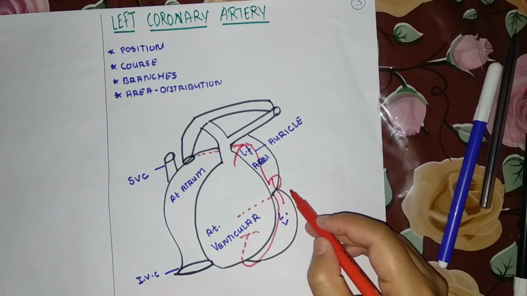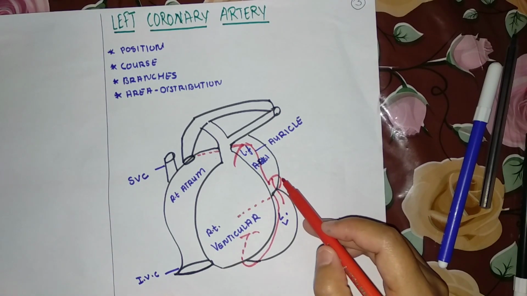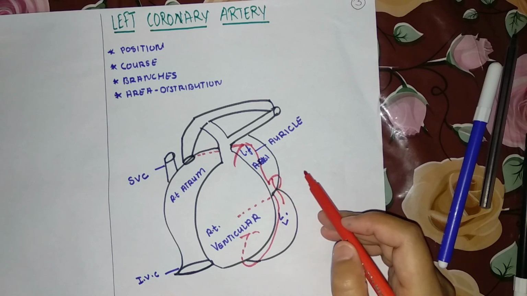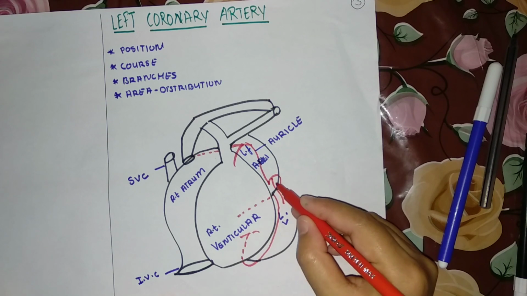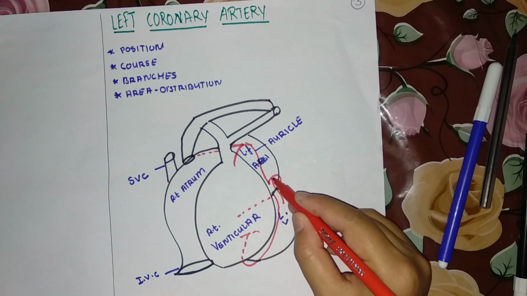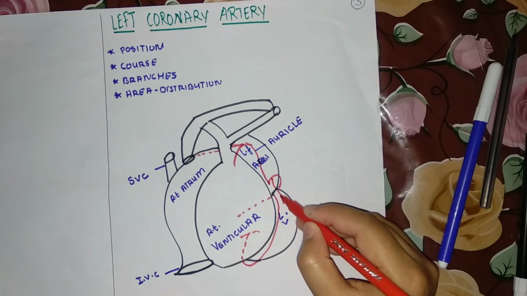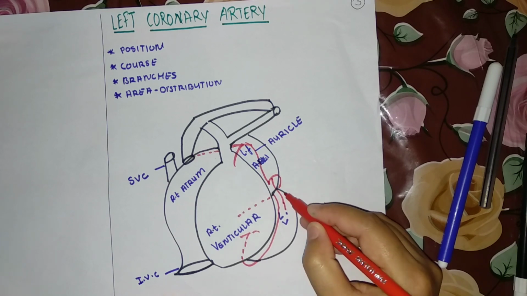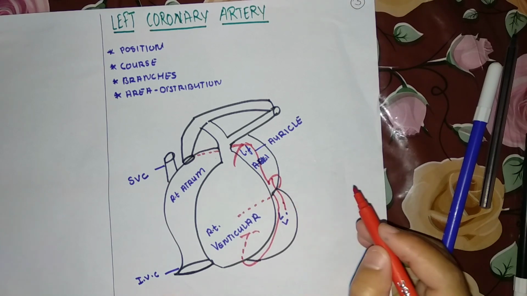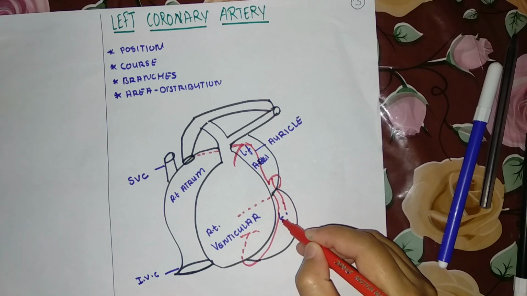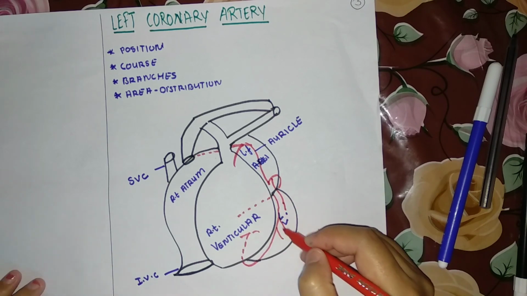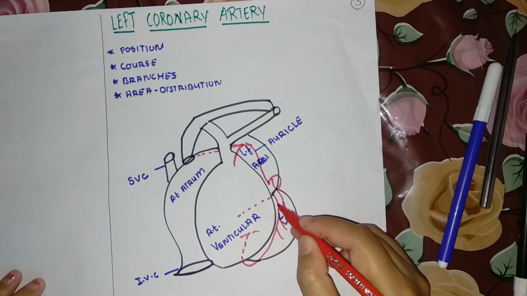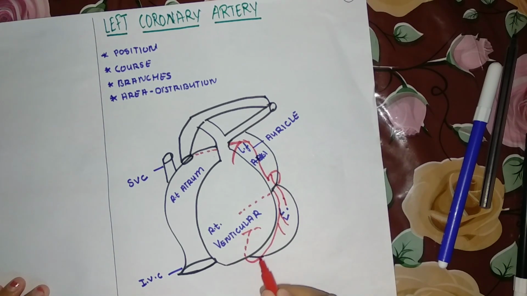I have already given the mnemonics of the right coronary artery, so compare to that, it is very easy. So the left circumflex artery gives one more branch, the left marginal artery, and descending downwards it gives the left diagonal arteries, so many of them.